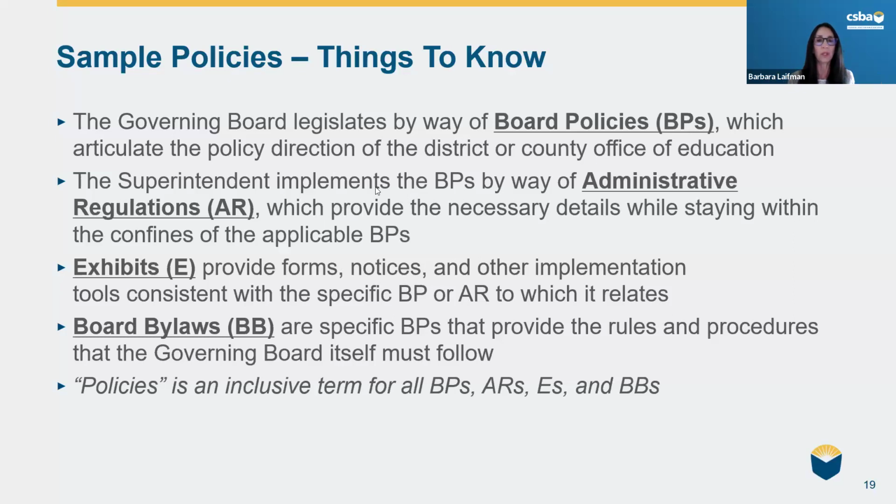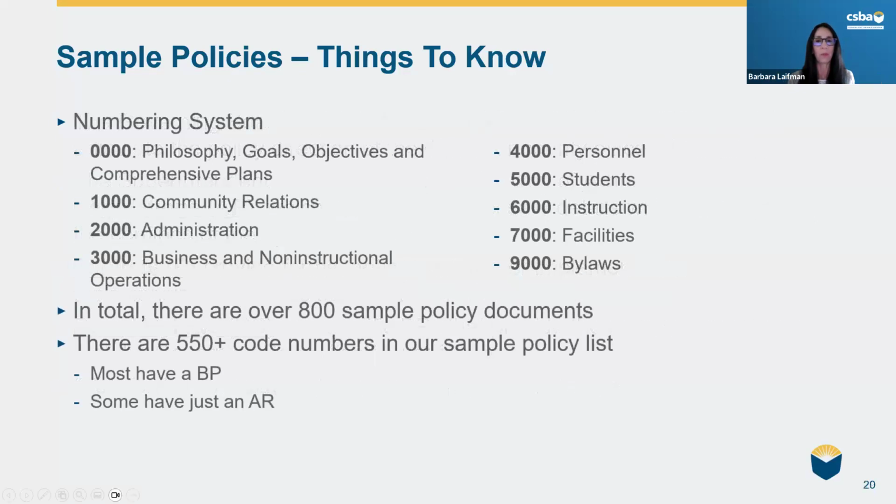We're going to also look a little bit at our numbering system that we use. And as you can see, the policies within each series of numbers aligns with the content area of the policies themselves. For example, the 5,000s focus on students, 6,000s on instruction. Perhaps most difficult to understand is the 4,000s. These are the ones that deal with our employees, our staff.